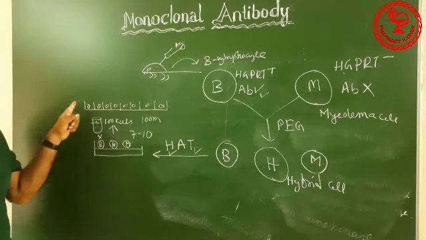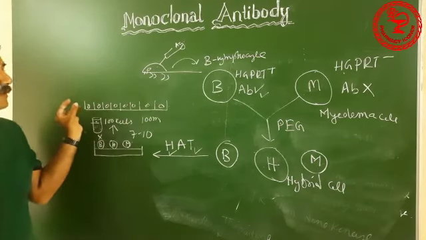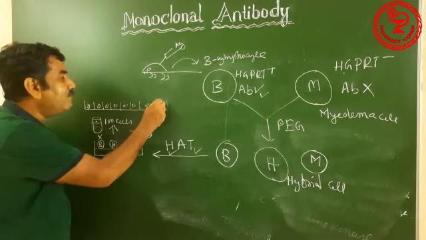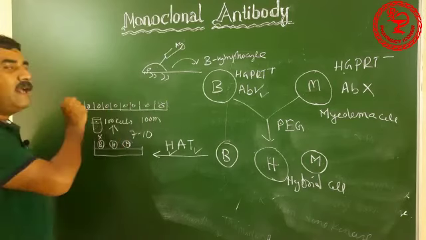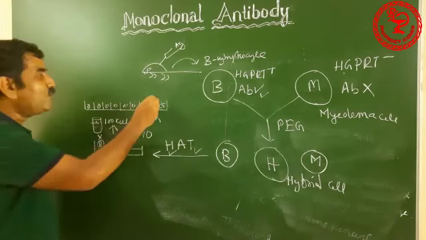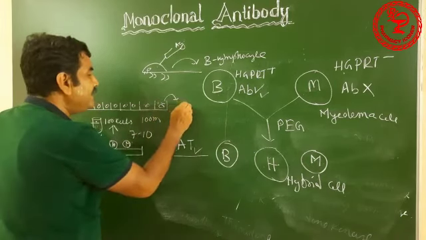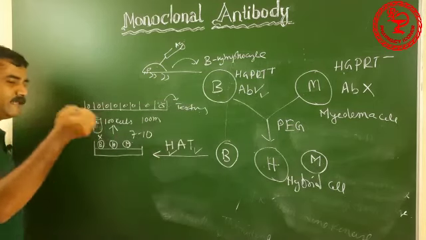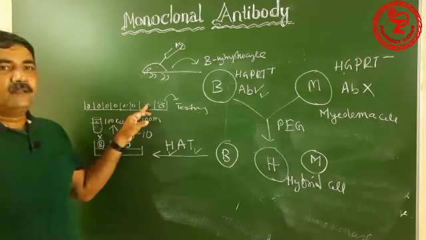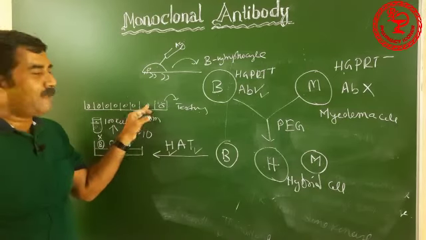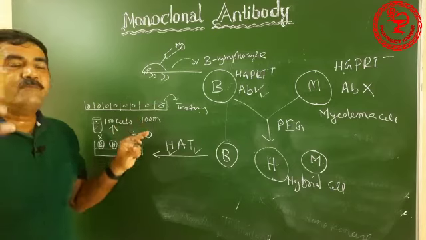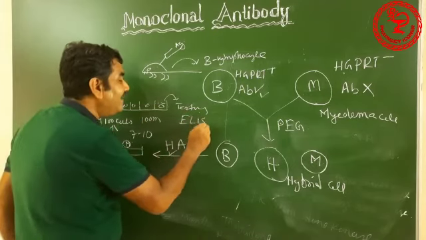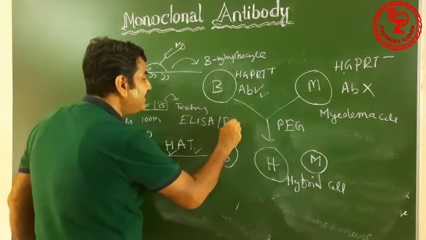So now these cells will gradually grow and secrete antibodies, and that should be tested periodically. Testing all the wells, a microliter quantity of sample from each well should be tested by techniques like ELISA or RIA.